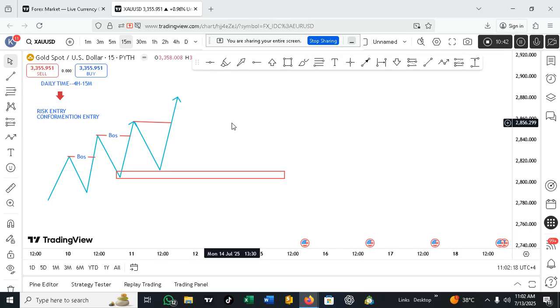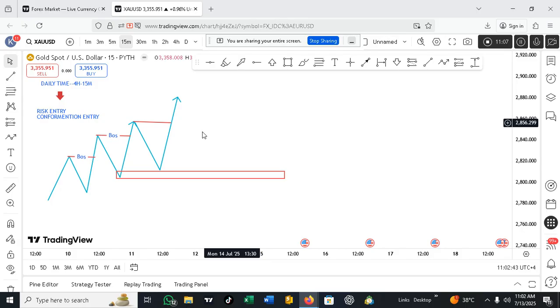The external liquidity is where we have higher highs, lower lows, lower highs, and internal liquidities are where we have equal highs, order blocks, fair value gaps, trendline liquidity. All those I have to consider.